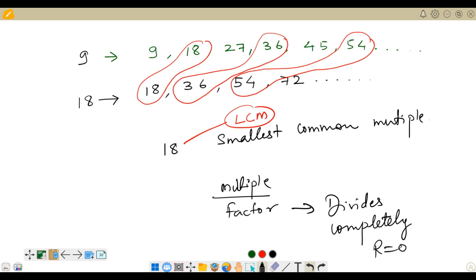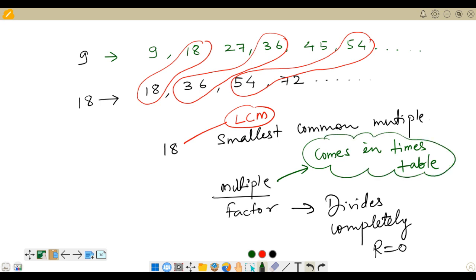And a multiple is something which comes in a times table. So these are the basic differences between factors and multiples.